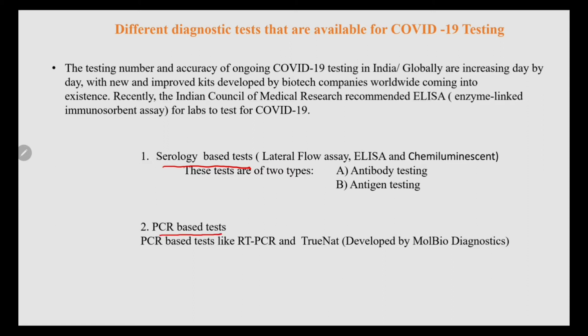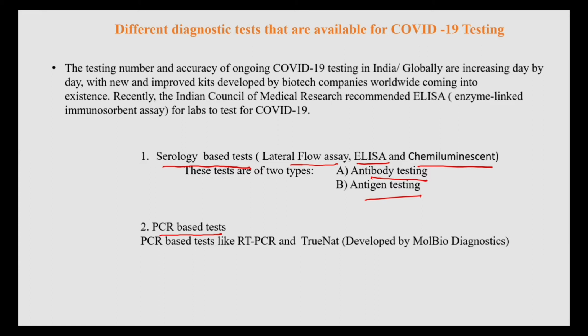Serology based tests mainly use platforms like lateral flow, ELISA or chemiluminescence. So these are the two types: either you will find out antibodies or you will test for the antigen. These two are the serology based tests.